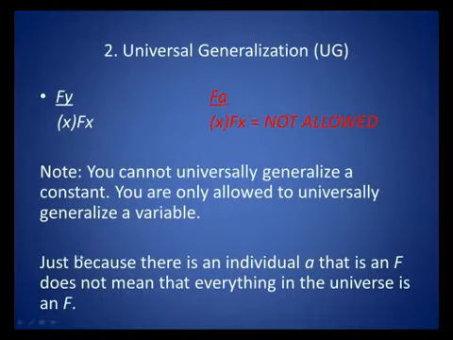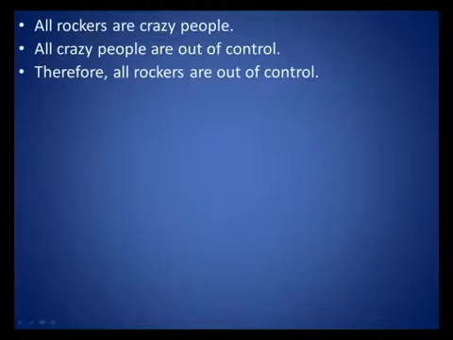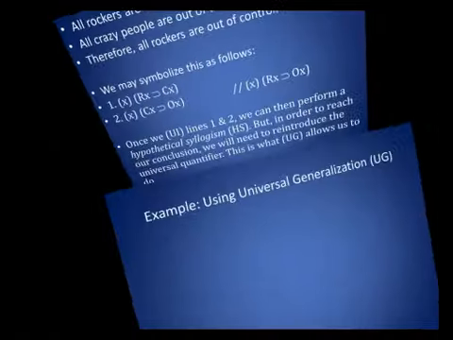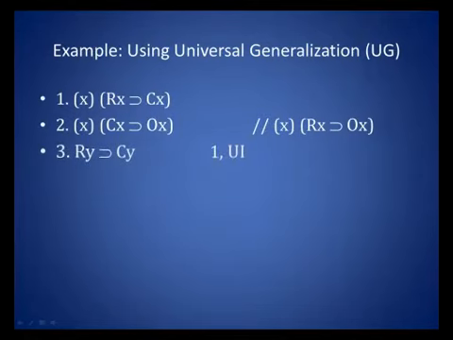Because we have to go from a variable to a variable, it makes sense that when we UI line 1, we switch the variable to another variable. That way, when it comes time to UG, I'll be allowed to do it. If I had switched this to a constant, for instance, if it had Ra, then Ca, I would not be allowed to UG, and therefore I would have no way of getting back to this conclusion.